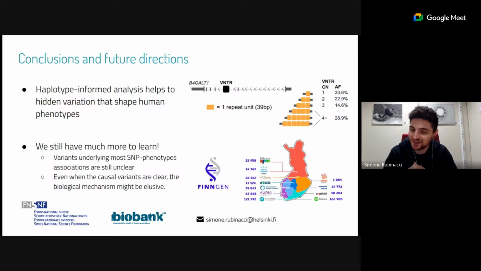As many speakers have been mentioning in the last couple of days, we won't be able to completely assess the effect of structural variants until we have long-read sequencing data. And some of the algorithms that have been presented in the last couple of days will definitely help to reach this goal. And we need more data and better data.